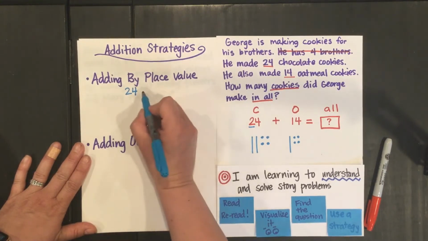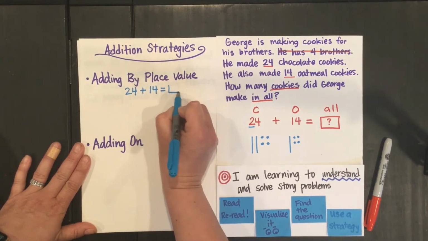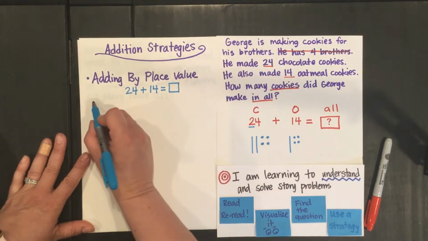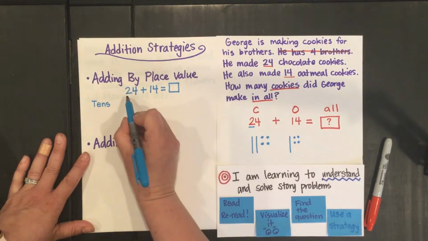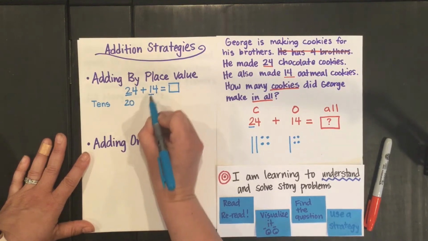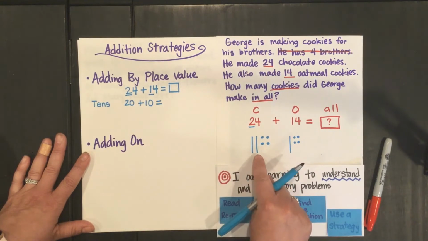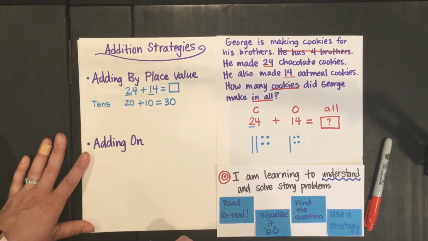The chocolate cookies plus the oatmeal cookies equal all of the cookies, which we don't know yet. Now to do adding by place, I'm going to start with my tens. In 24, I have 20, and in 14, I have 10. When I put my tens together, I can see I have 3 tens or 30.